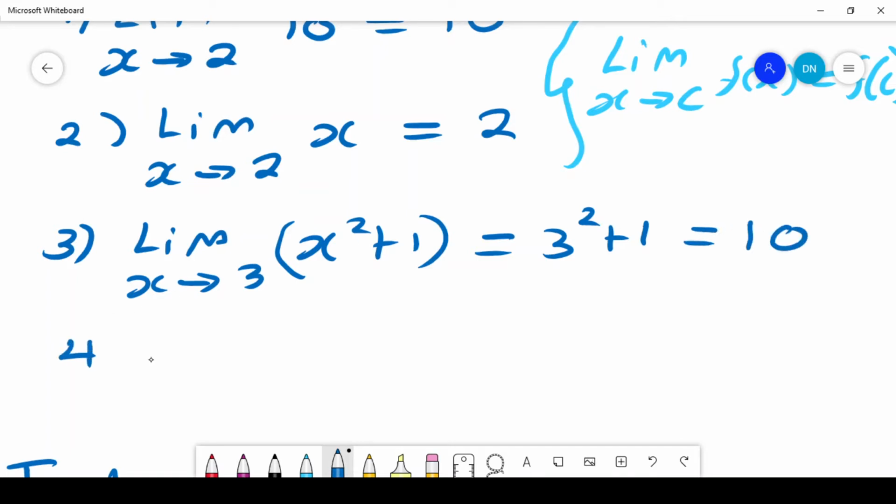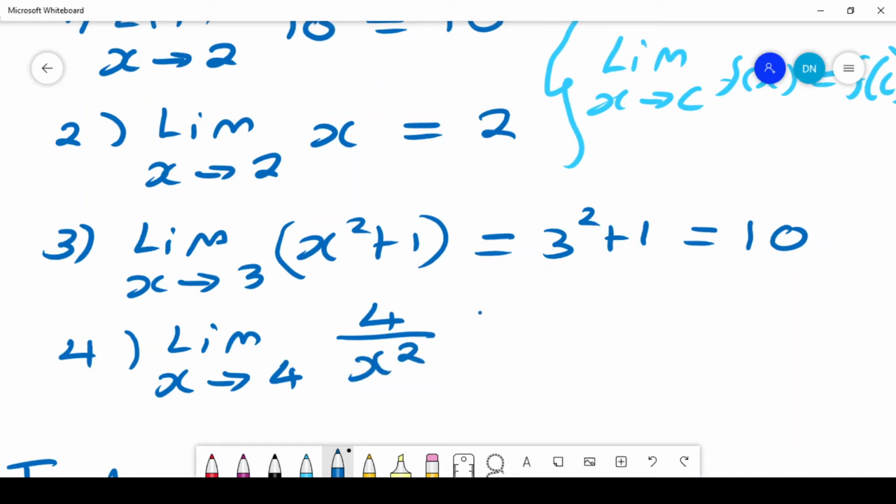What about in cases like the limit as x tends to 4 of 4 over 4x squared? That will be 4 over 4 squared, and that will give us 1 over 4.